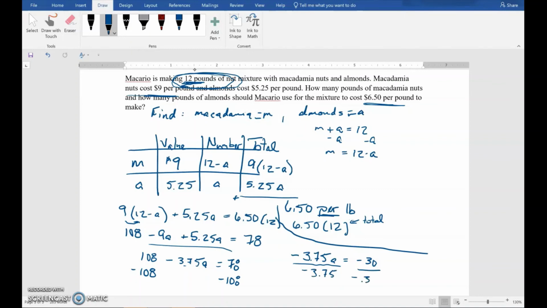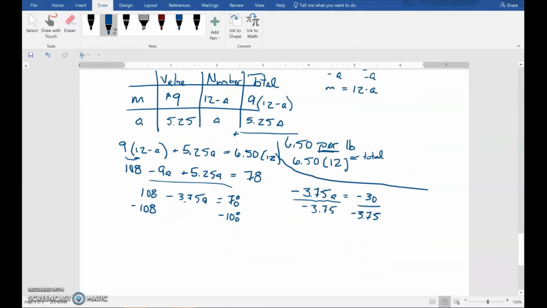Oops, try that again. Negative 3.75. Go to our handy dandy calculator. We get A is 8.